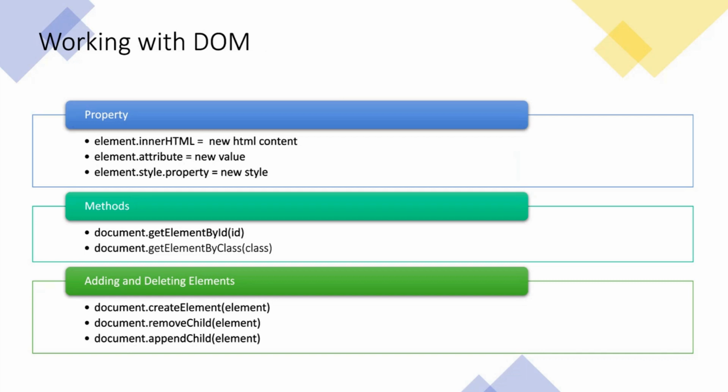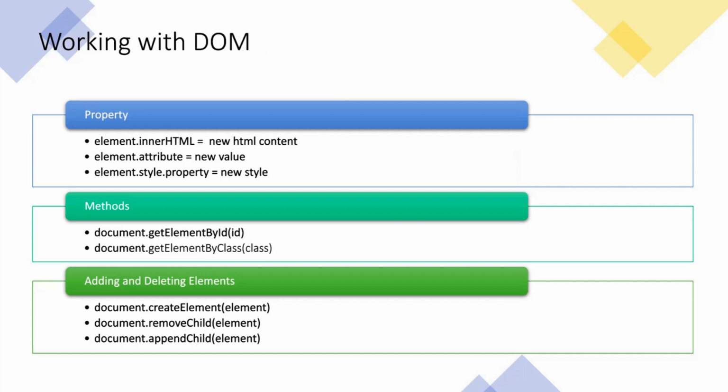The dot innerHTML is a property of that element which contains the content for the element, which we can assign or change or update with the help of JavaScript code. With the help of DOM, we can change the attribute of the image tag. We can also change the style properties of an element, like we can change the color of a text.